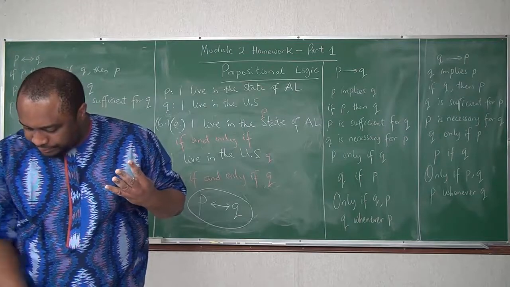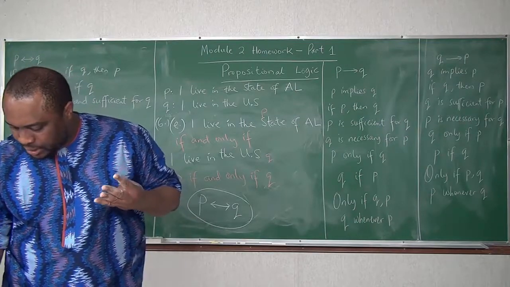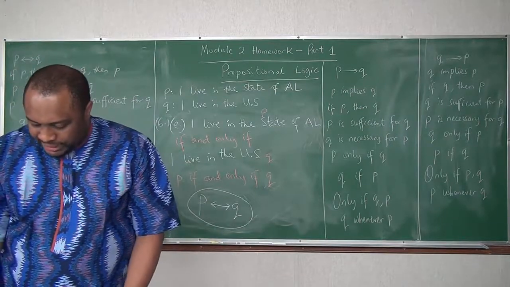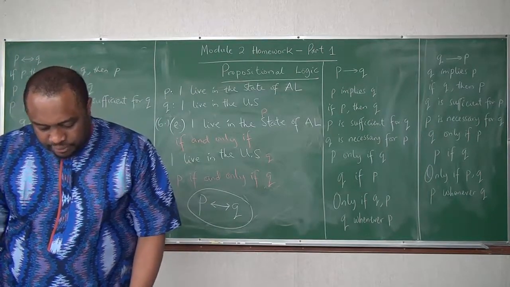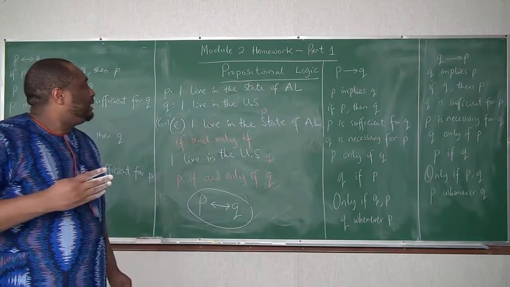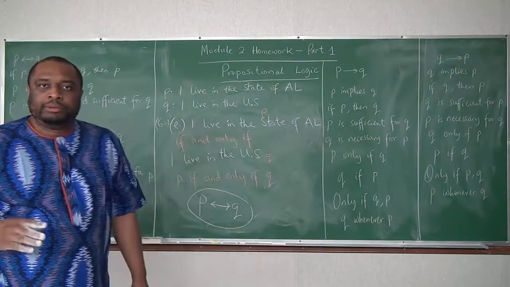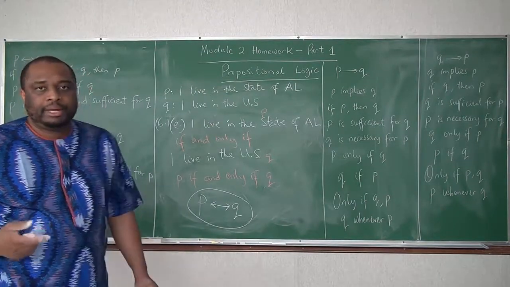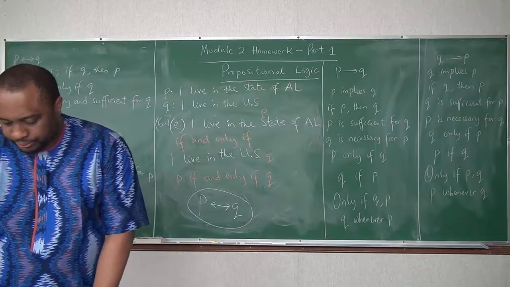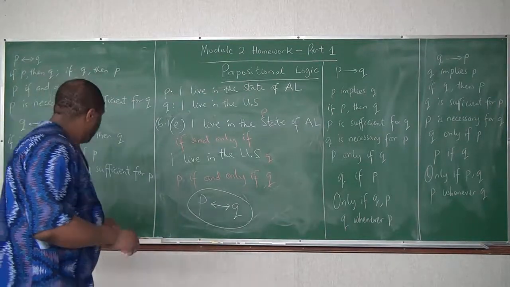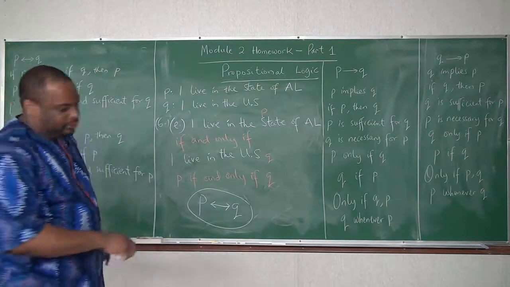Question 7 will not waste time. That is 5 questions, and then we can stop for part 1, and then next part we continue, so that this video will not be too long.